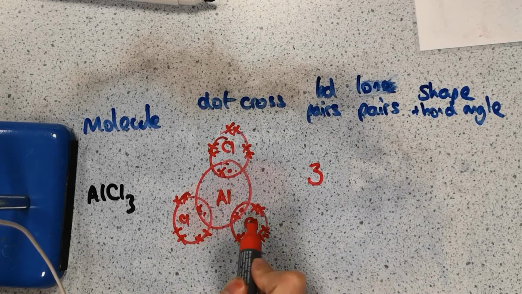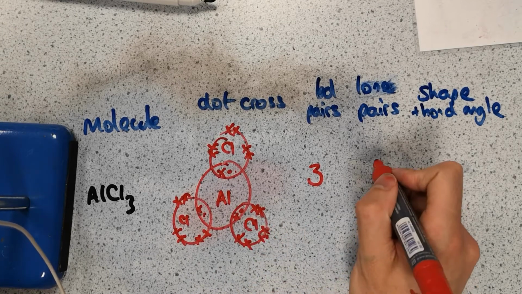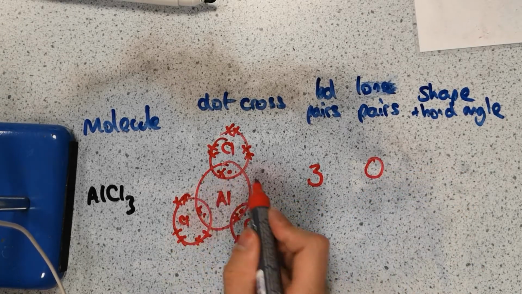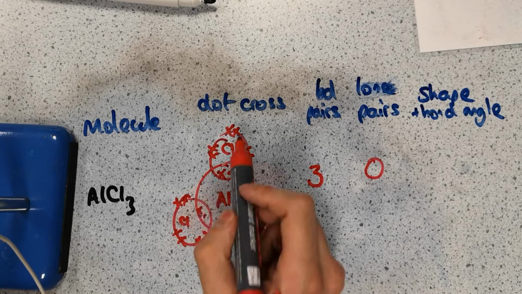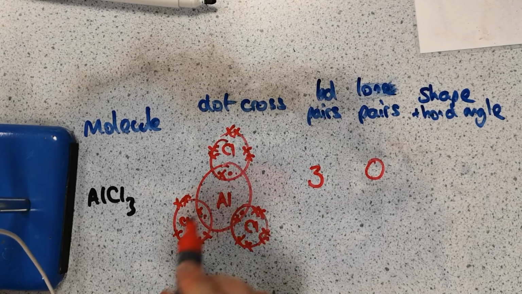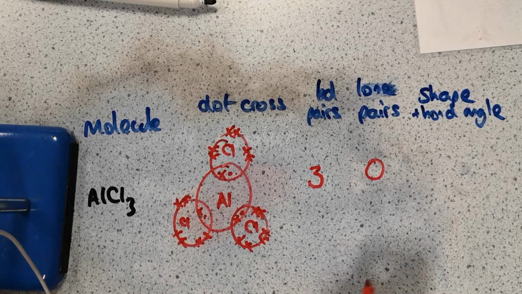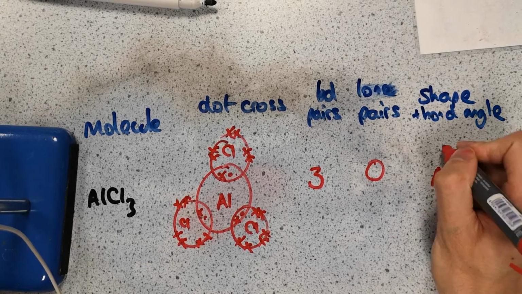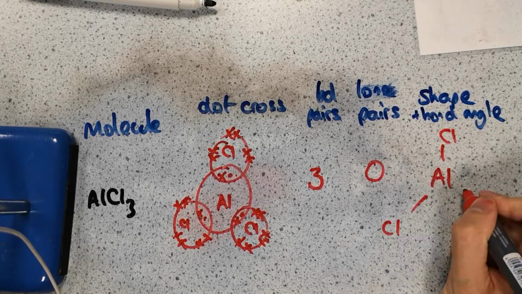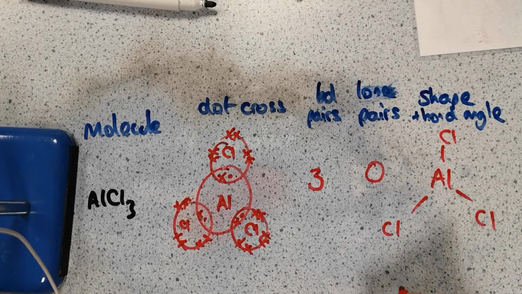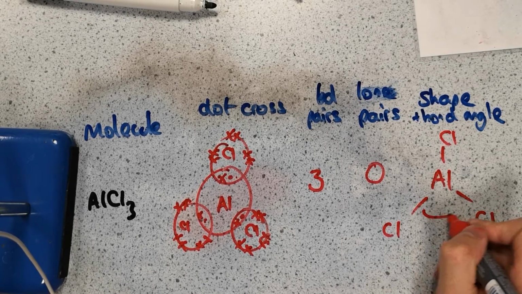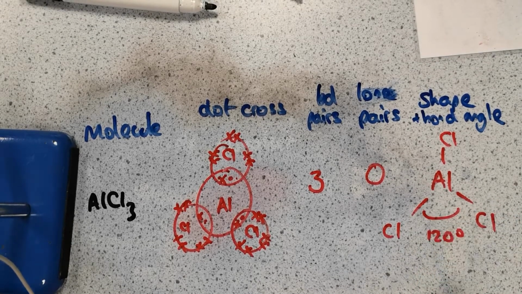There's 1, 2, 3. It has no lone pairs. So there are no free electrons at all around the aluminium. There are around the chlorines, but we only look at the central atom. The shape of this will be Al, Cl, Cl, Cl. We call this trigonal planar, and the bond angle is 120 degrees.